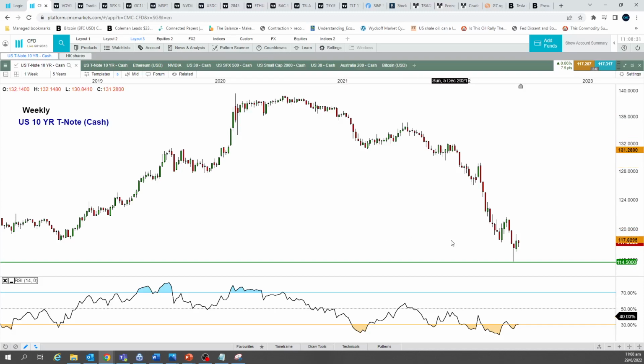Why? Because of a bullish element that has really been formed 2 weeks ago on the US 10-year T-note cash.